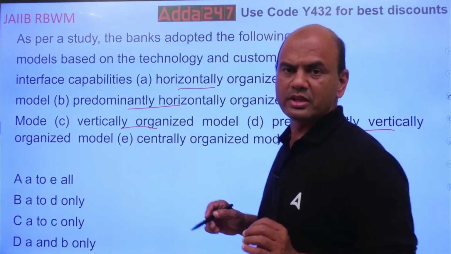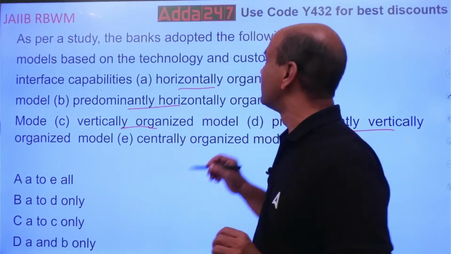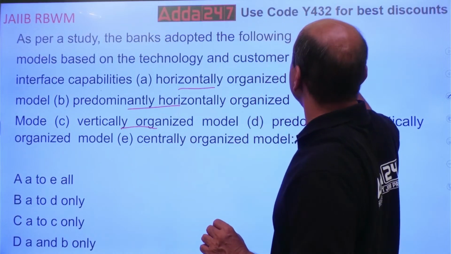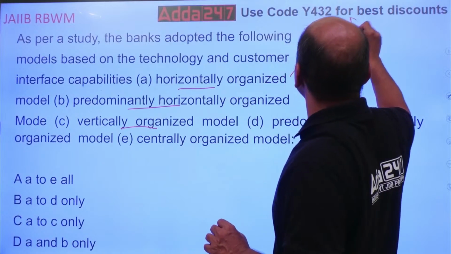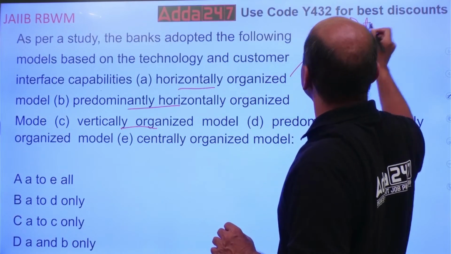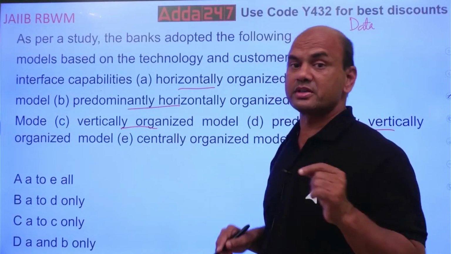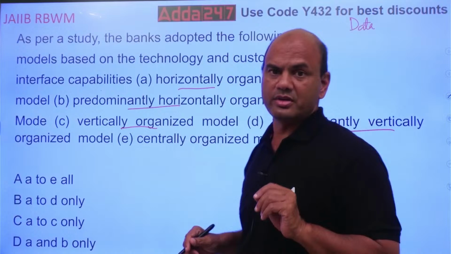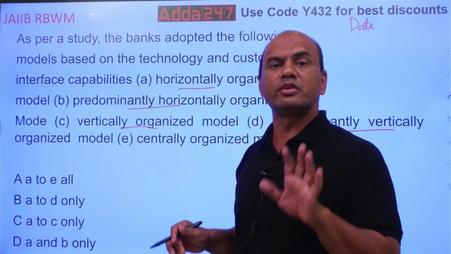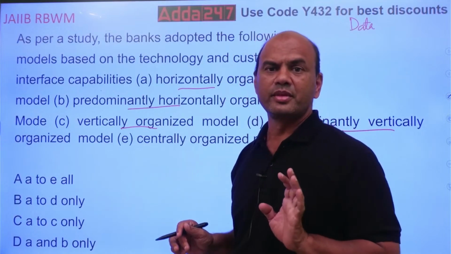When you talk of this horizontally organized model, it means that the data is shared, everything is on data sharing. The data is shared within the same product, not between different products. Means what? Housing loan data will be shared with only housing loan.